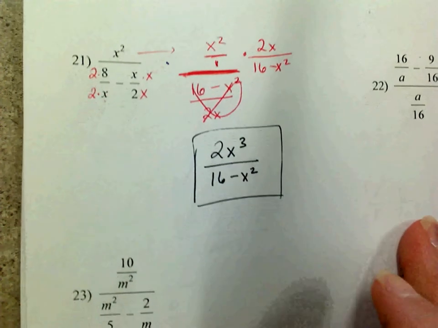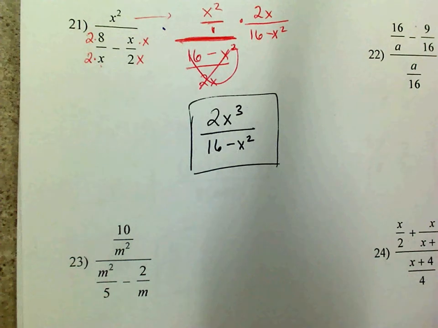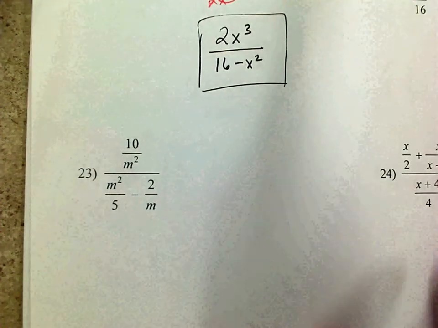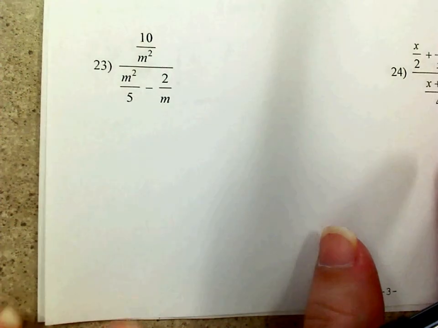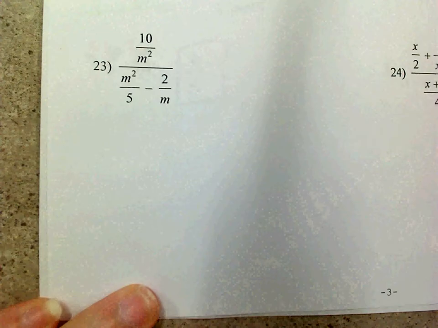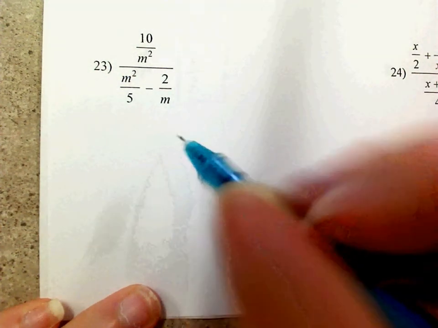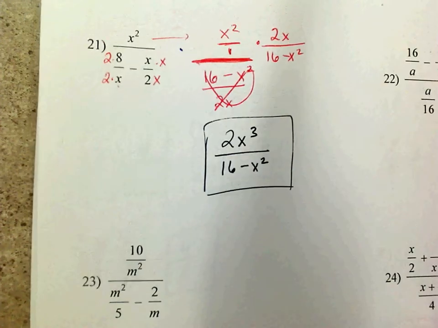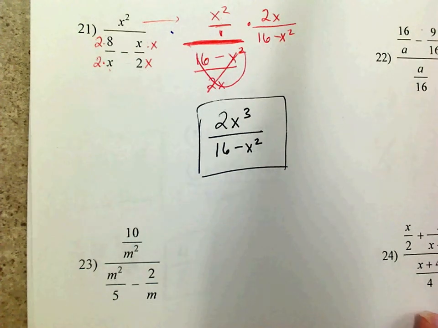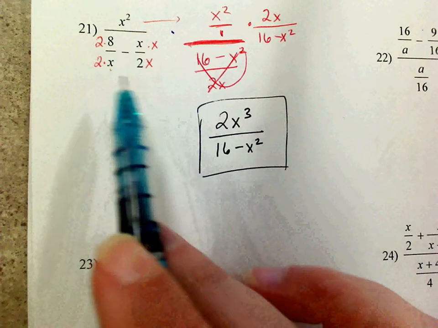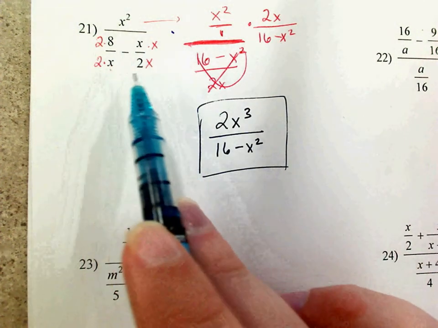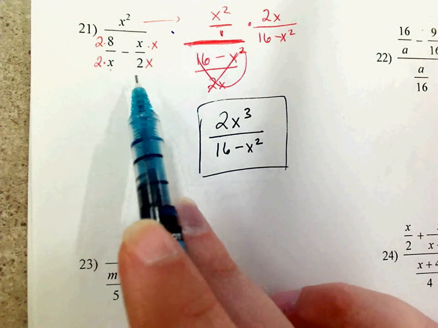Okay, let's do it one more time. 23. Alright. Tito, what do I need to do first? What did we do first on this one? What did we do right here? Well, we made the denominators the same.